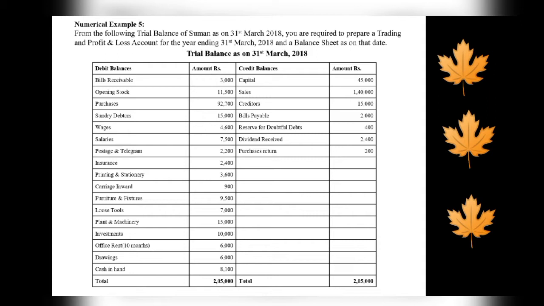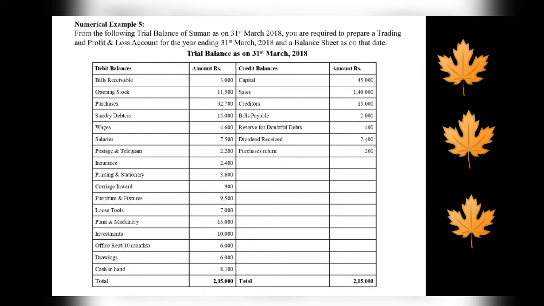Reserve for doubtful debts. Now one more thing we have to remember here is that in the adjustment there will be a new reserve which has to be created, and if there is already a reserve for doubtful debts given in the trial balance, then there will be two reserves. One will be a new reserve and the one which is given in the trial balance will be the old reserve.